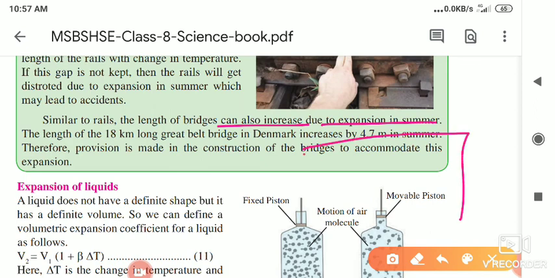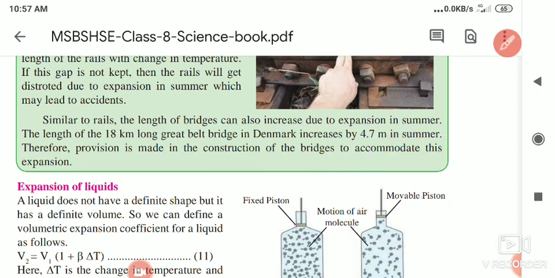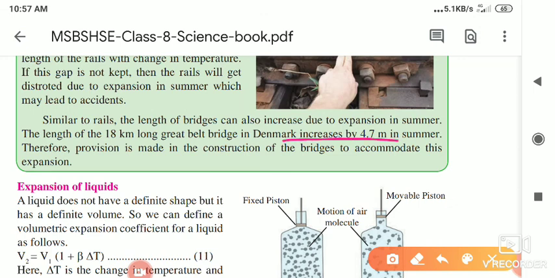On the bridge, some sheets of solid cement concrete are kept, and they also expand in the summer, which is why there is space between the two sheets on the bridge. Roads are there on that bridge. A bridge in Denmark increases by 4.5 meters in summer. How much is it increasing? Not a joke, 4.5 meters it increases. Therefore, provision is made when constructing the bridge to accommodate this expansion.